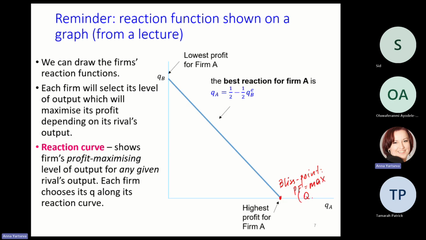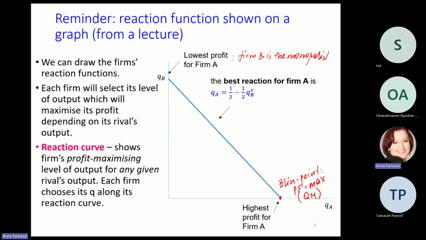This is equivalent to the monopolistic output produced by company A. Right? Highest profit. And the lowest profit will be here because this particular point means that company A doesn't produce anything. It means that company B is the monopolist.